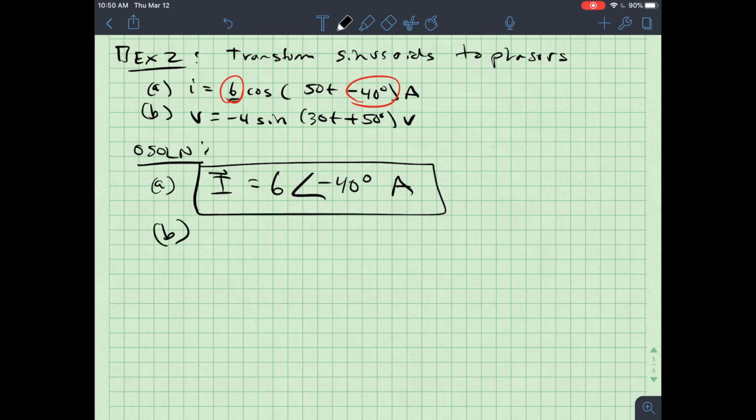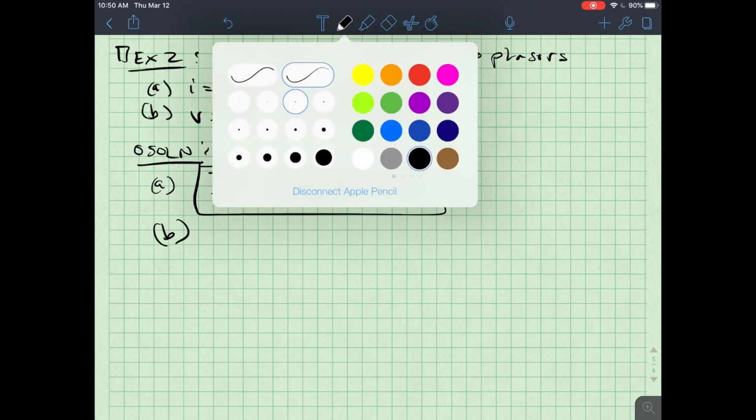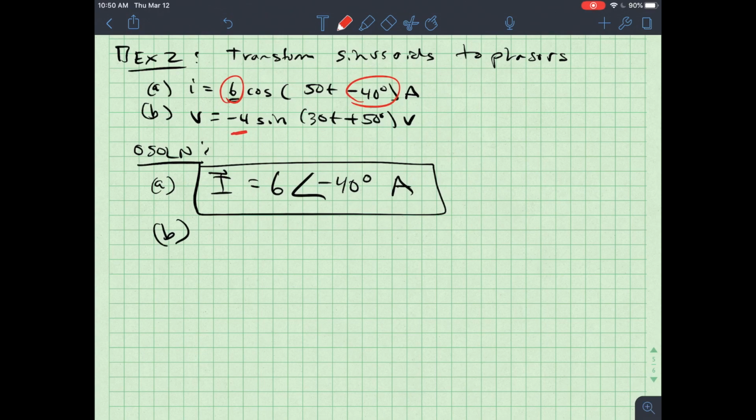Part B is slightly more complicated because what I want is something that's in cosine form, and I also want to make sure that this amplitude is a positive number. The reason I want it to be positive is that it's going to transform into a magnitude, so I need to account for that in the angle of my system.